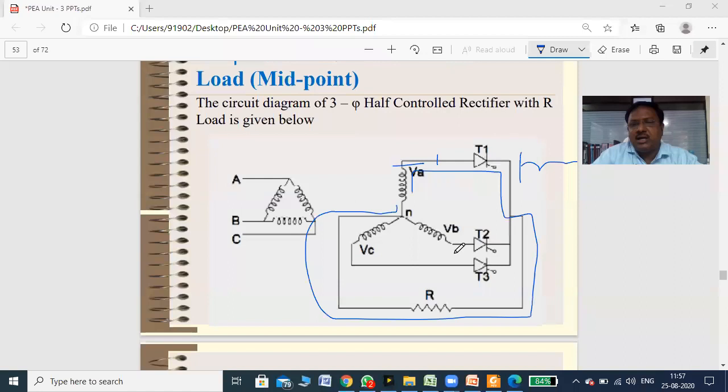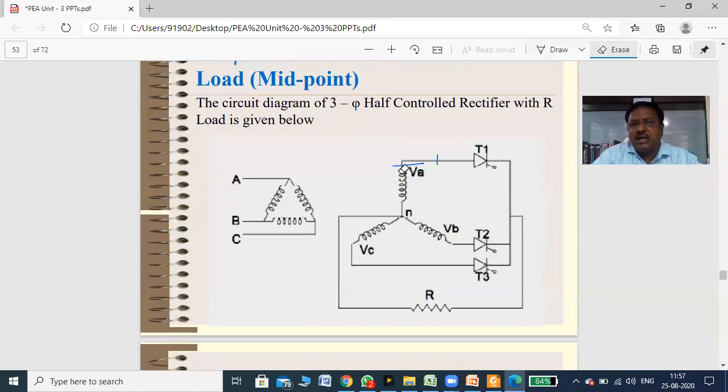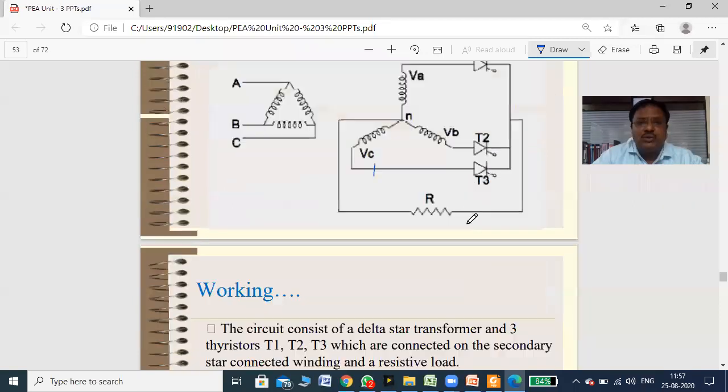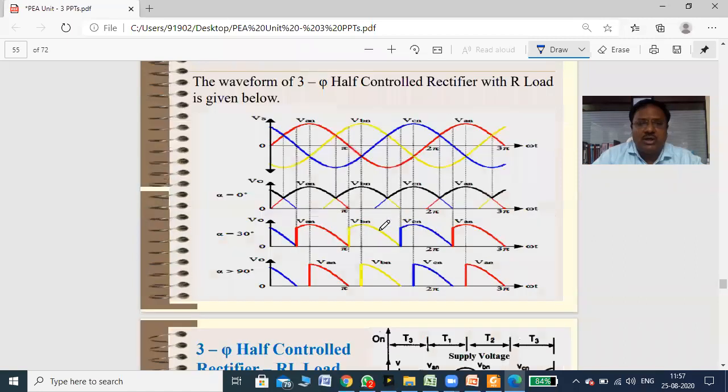If the voltage at phase B is more positive compared to phase A, then thyristor T2 is in forward bias condition, and if you apply a triggering pulse, it turns on. Similarly, if VC is more positive, thyristor T3 is in forward bias condition. If you apply a triggering pulse, it turns on and load current flows through R. This was already completed in the last lecture.